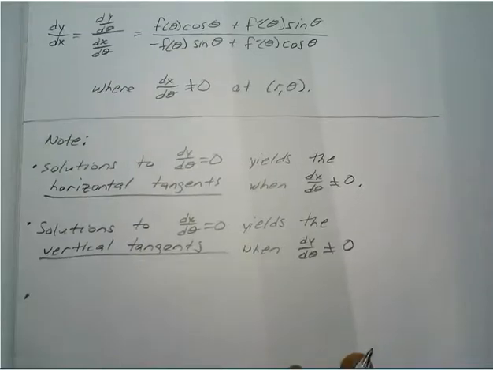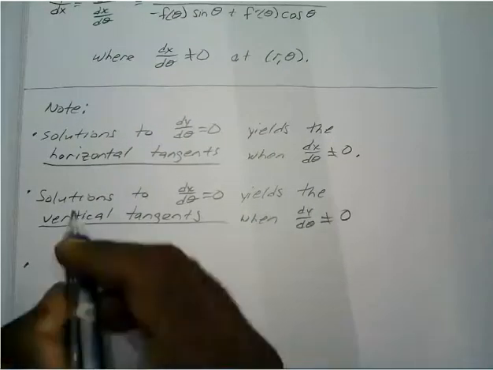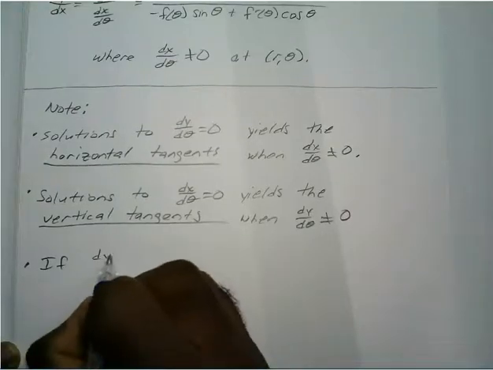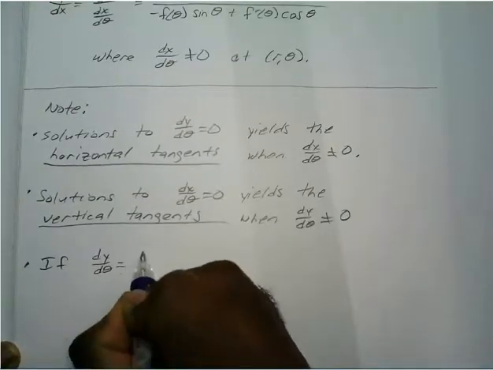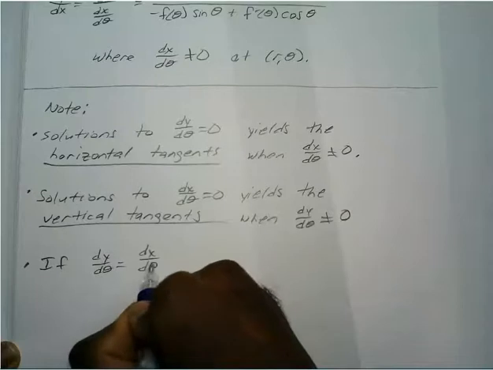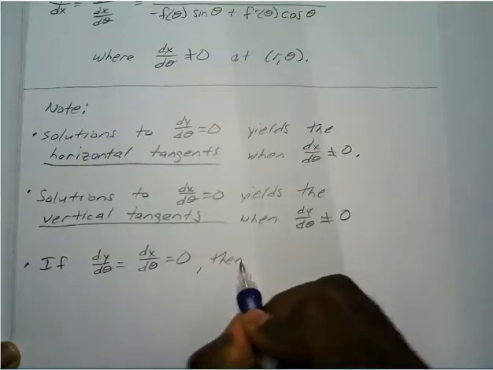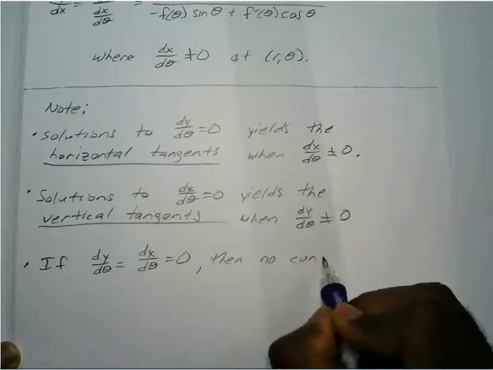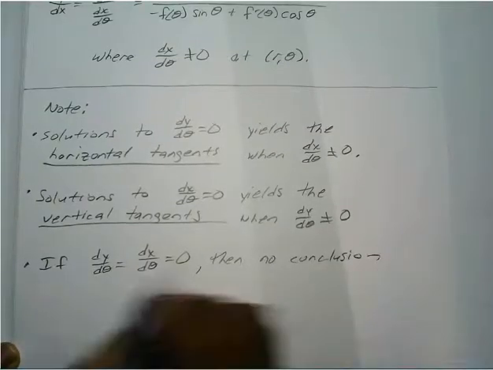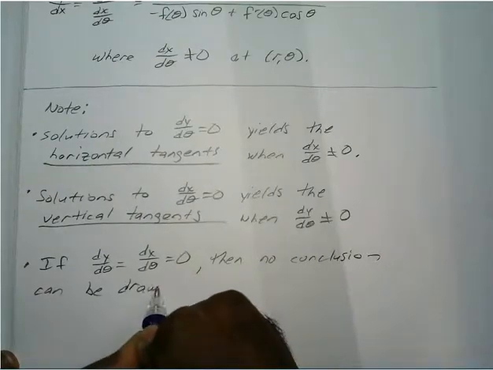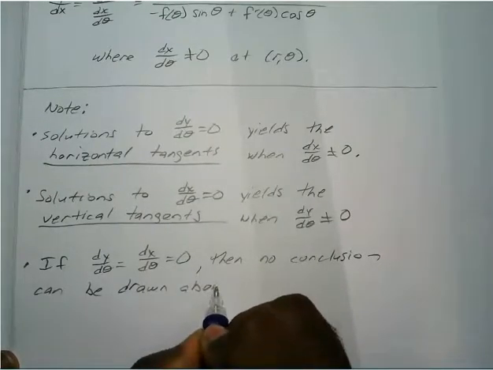But if both equal 0, so if your dy d theta and your dx d theta both equal 0, then no conclusion can be drawn about the tangent lines.